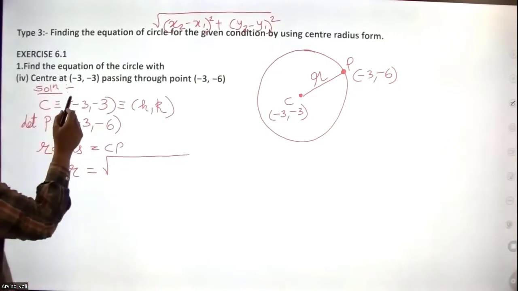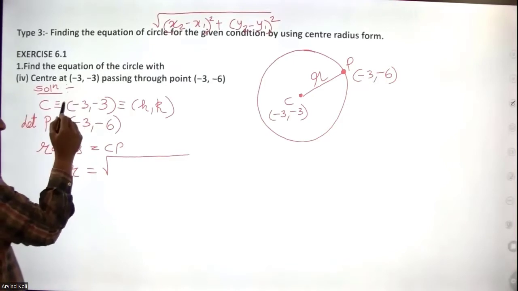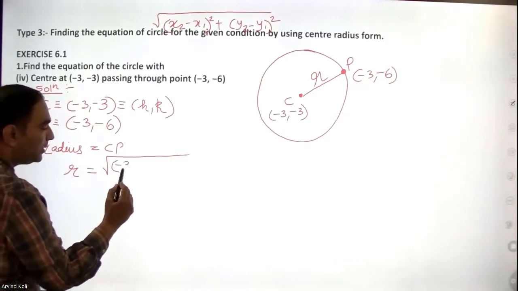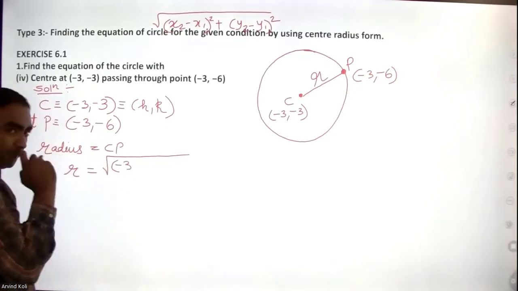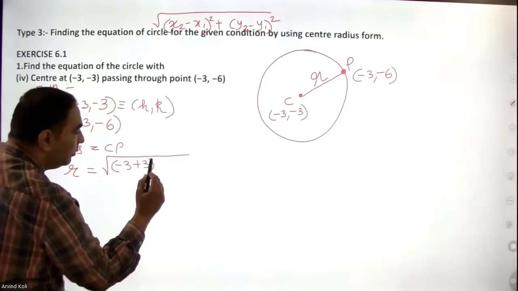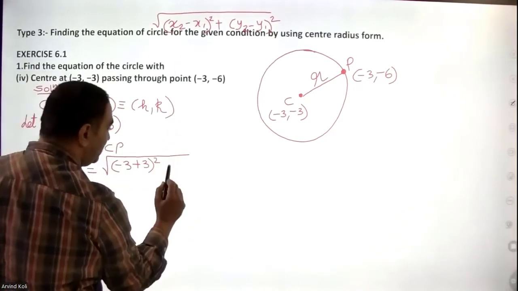तो यहाँ पे x coordinates हमने लिख दिया 1 लिख दिया इधर minus 3 minus 3. So this is going to become minus 3 minus of minus 3, plus 3 हो जाएगा, plus 3 whole square, plus.